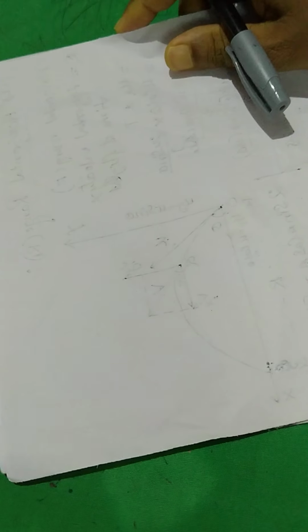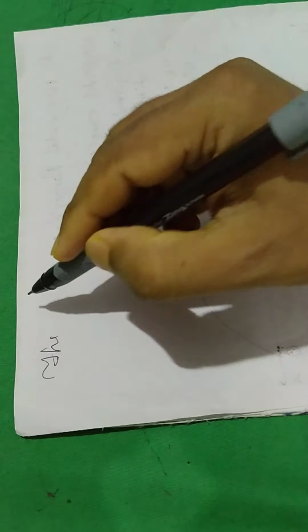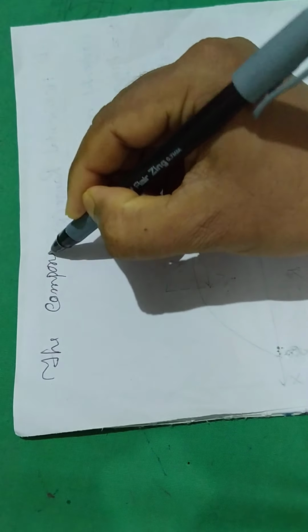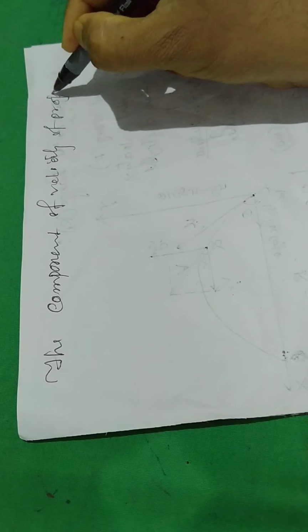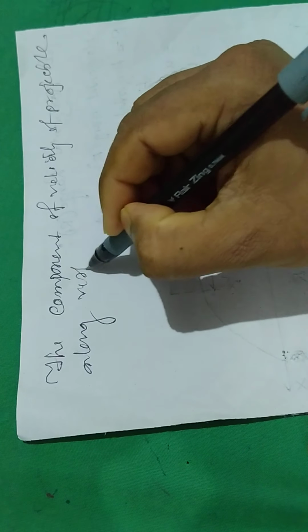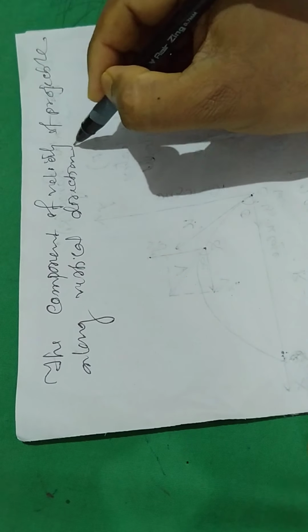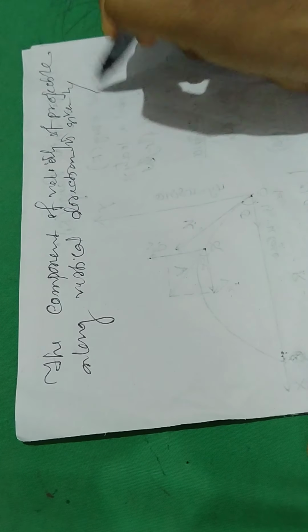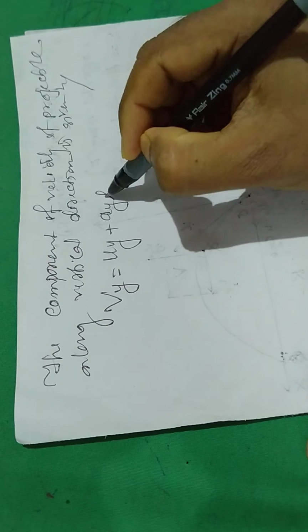Now the component of velocity of the projectile along the vertical direction is given by Vy equals uy plus ay t.